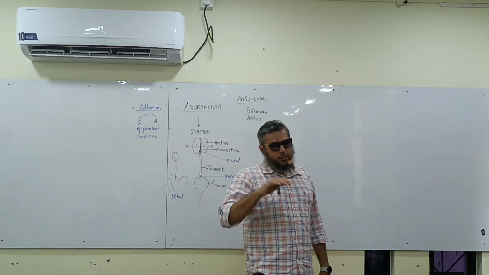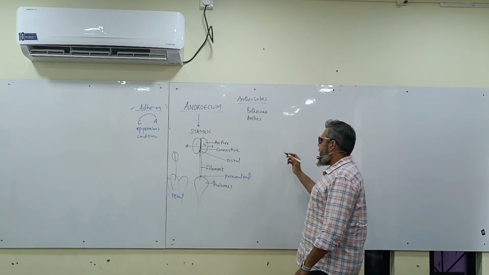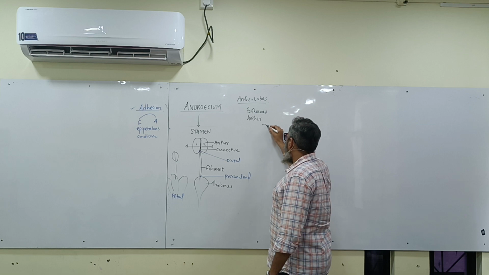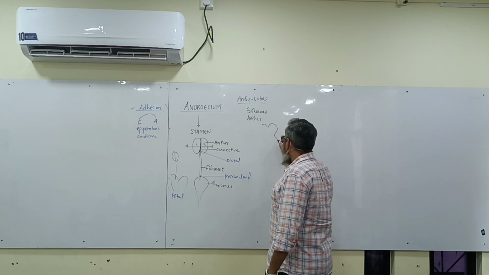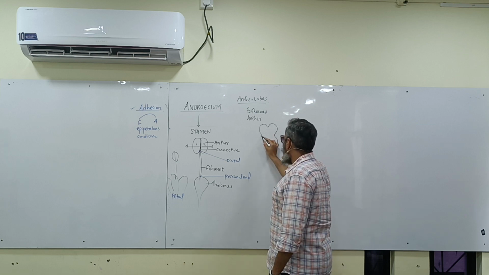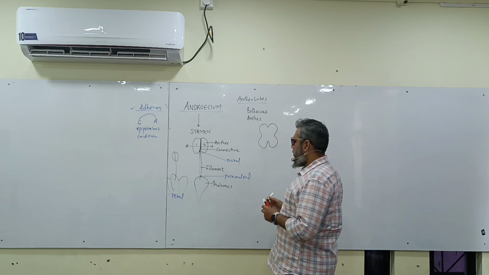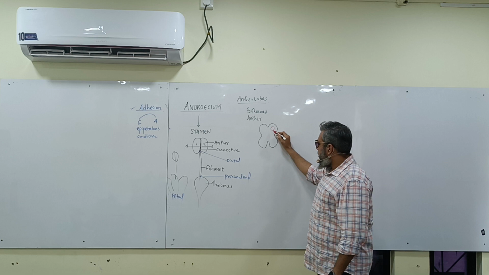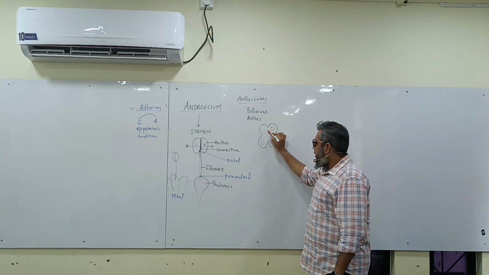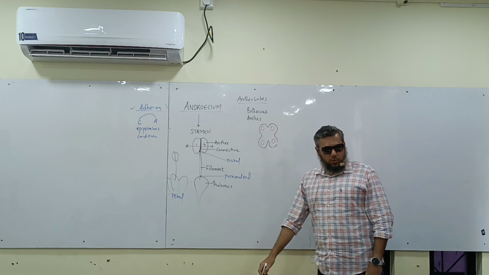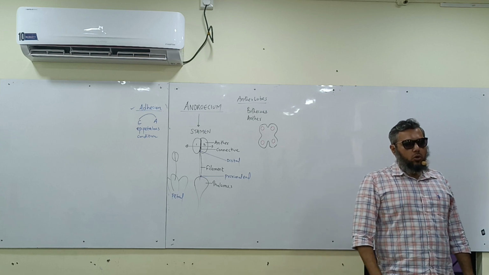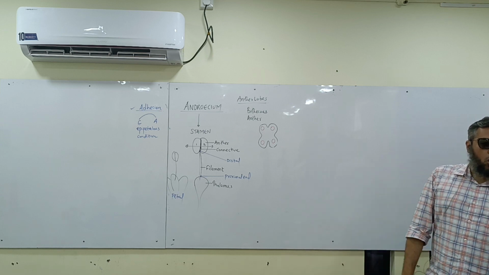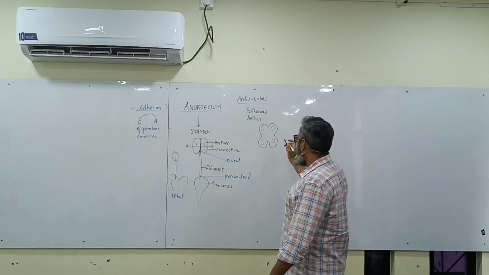Take a TS of the anther. When you observe it under the microscope, it will show four pollen sacs inside: 1, 2, 3, 4. These are called pollen sacs or microsporangia.